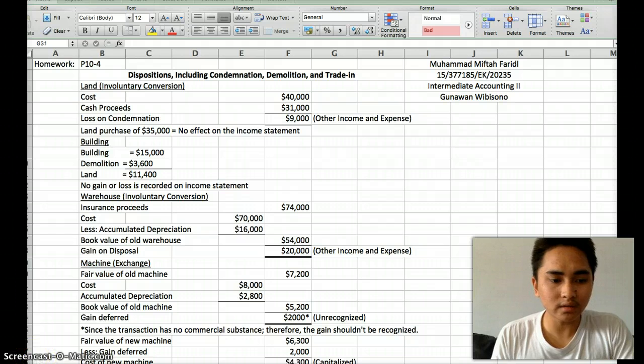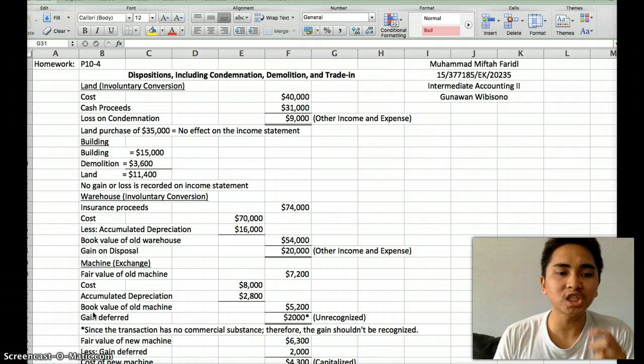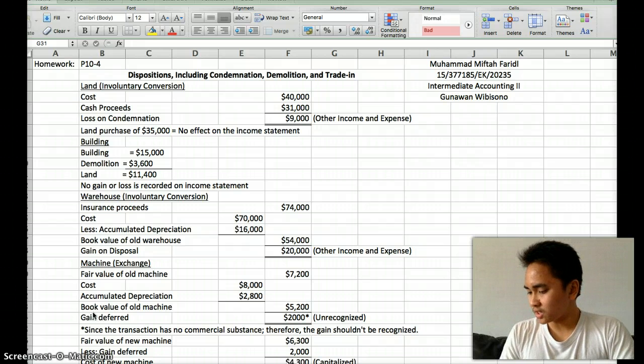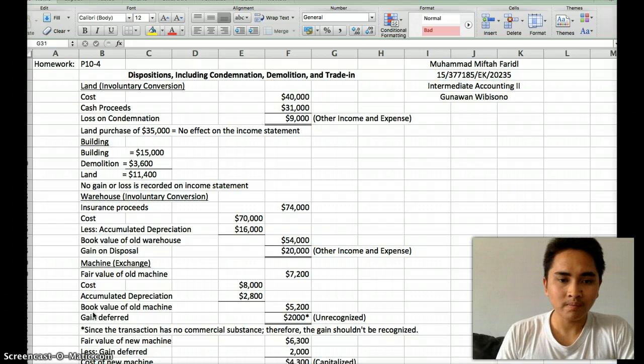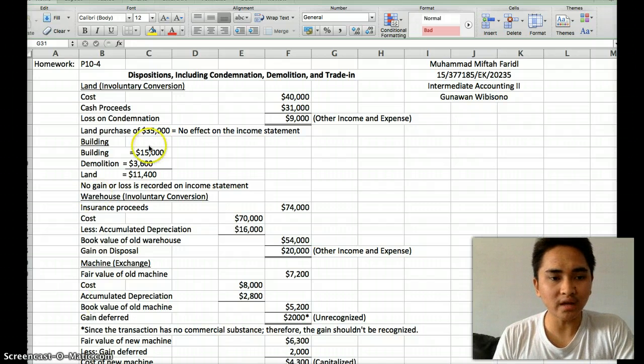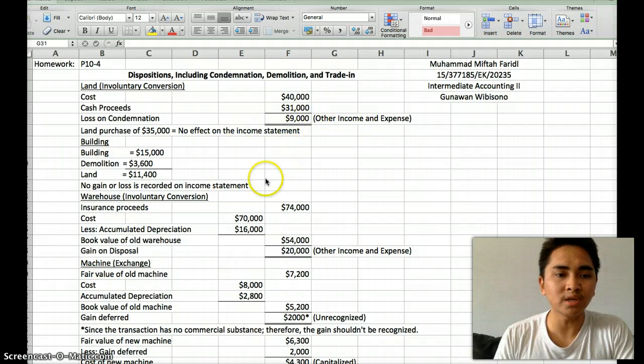In this case, the land purchase is recorded into the balance sheet account, not the income statement. Whereas the transaction that is recorded into the income statement is the loss of condemnation, which I get from subtracting the cost by the cash proceeds, and I get 9,000. And it goes to an other income and expense account.